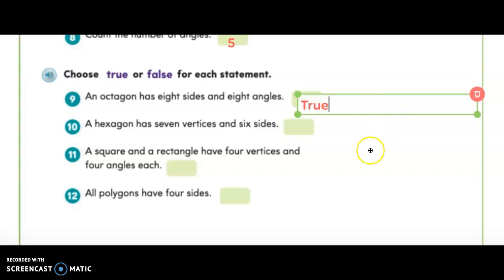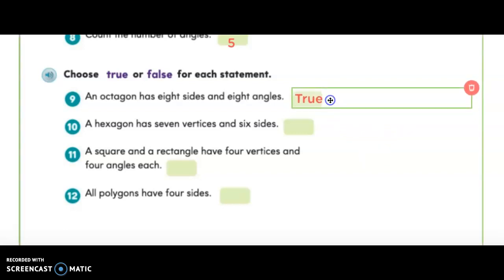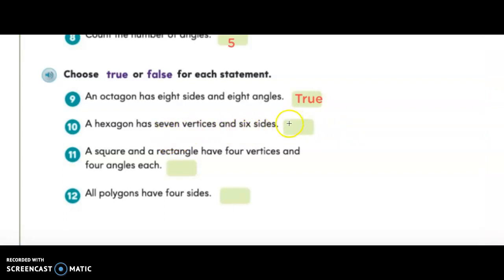So this is true. Number 10, a hexagon has 7 vertices and 6 sides. Now, do we think based on what we did before, would that make sense for it to have 7 vertices but only 6 sides? It would not, so this is false.